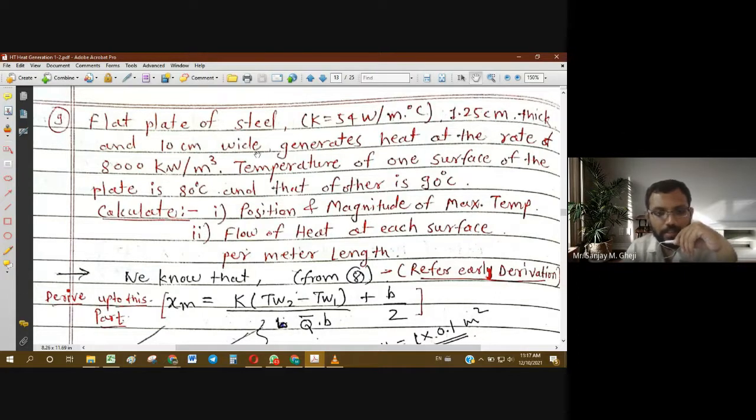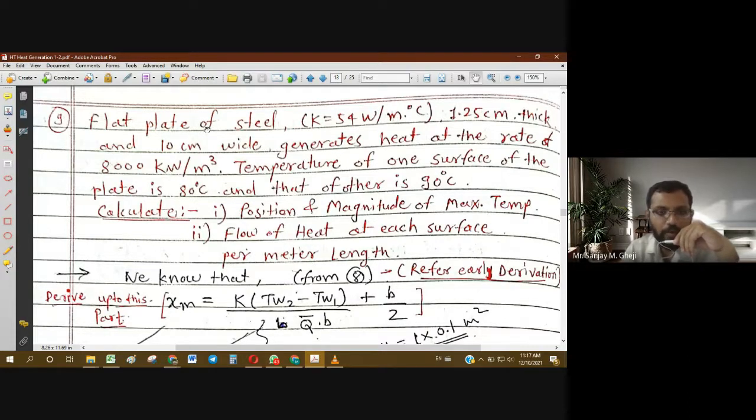In the given scenario, we have to find the position and magnitude of maximum temperature. Position, that is the location xm where the temperature will be maximum, and also the value of maximum temperature. And number 2, flow of heat at each surface per meter length.